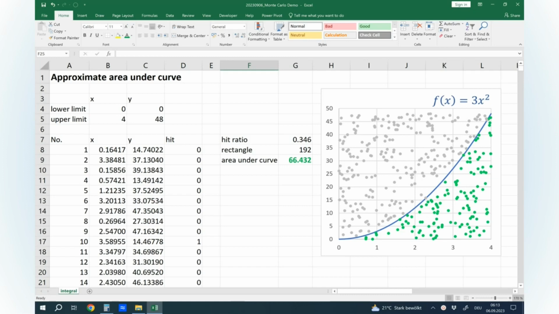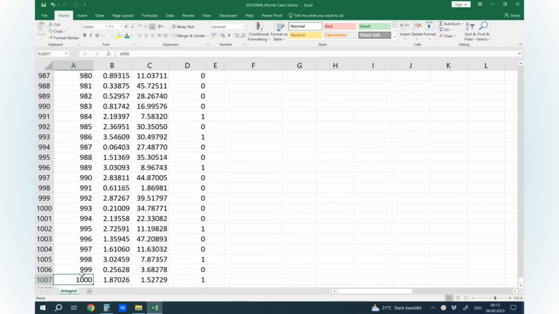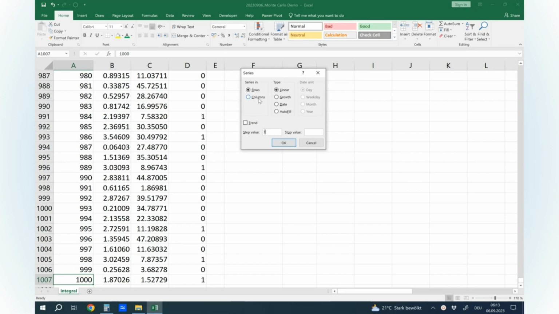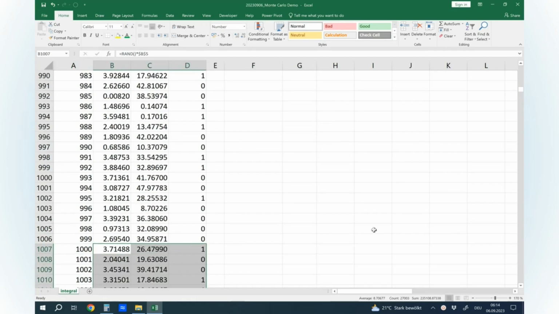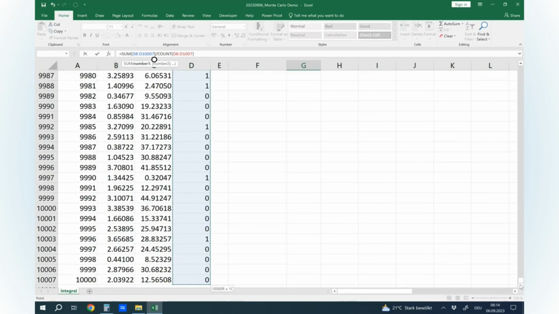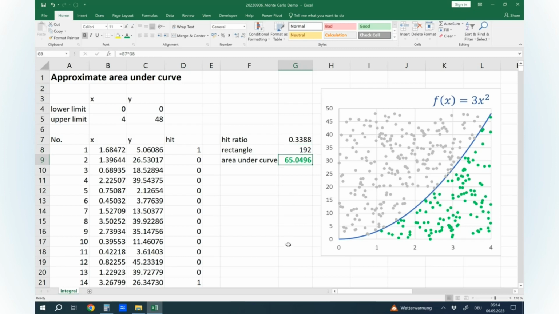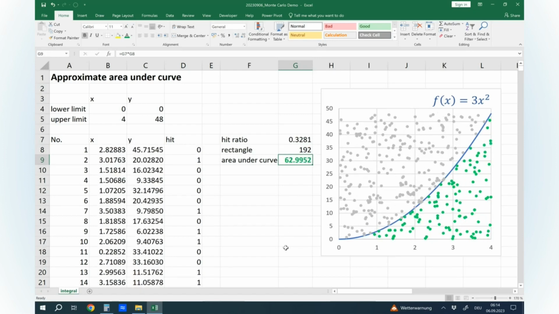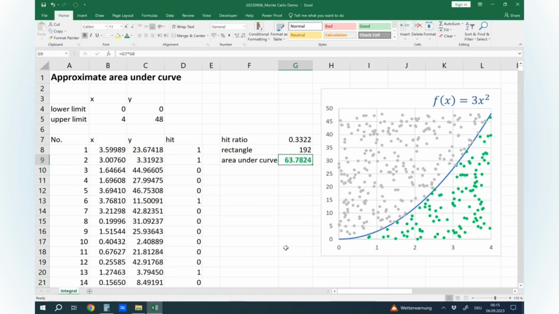Can we make the estimate more stable with a larger number of iterations? Yes, we can. The law of large numbers tells us that as the sample size increases, the likelihood of significant deviations from the actual value diminishes. Let's try 10,000 iterations. That definitely gives us more consistent results, but maybe we want more precision.